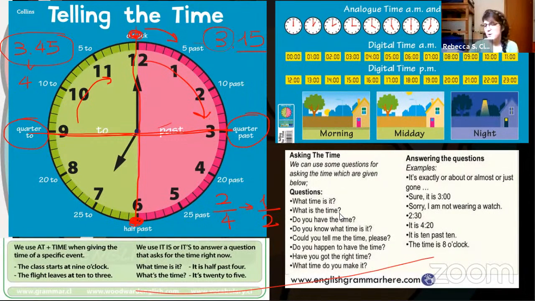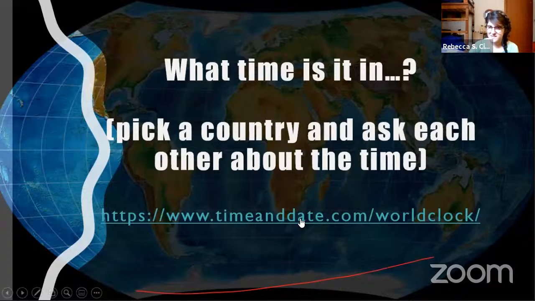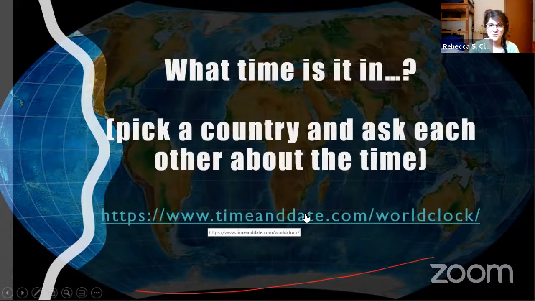Okay, so if you want, we have a few minutes left and we can try a few examples. I put this here, which shows you what time it is in different parts of the world, because of time zones.